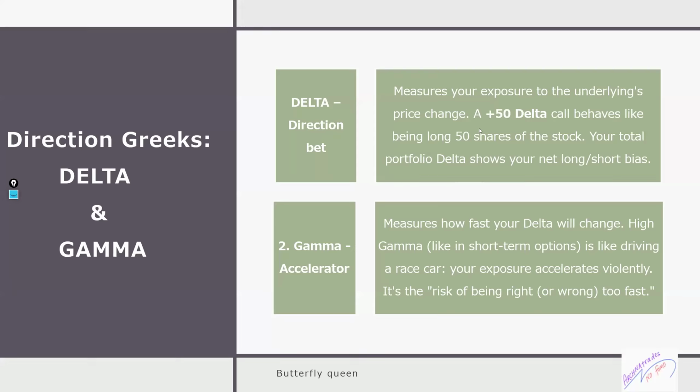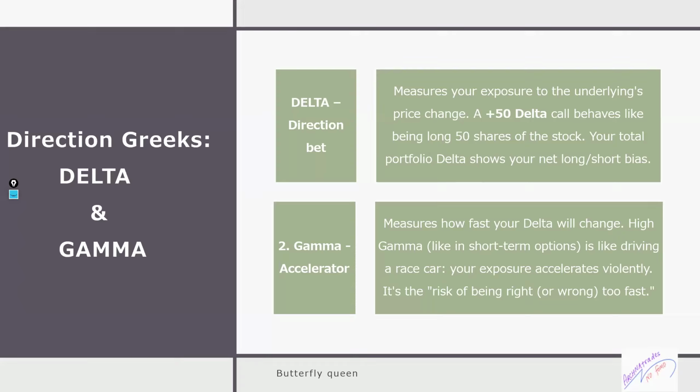Okay, so delta measures the direction. It is going to measure how much net long or short you are. Okay, so let's say you have 100 shares of Apple, right?